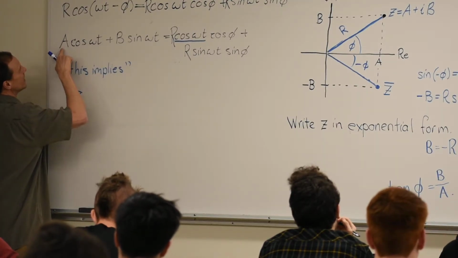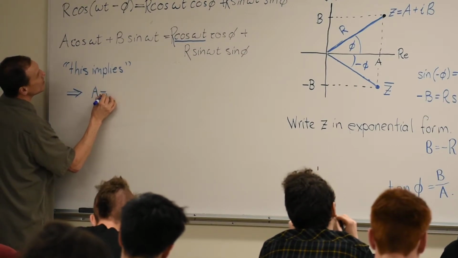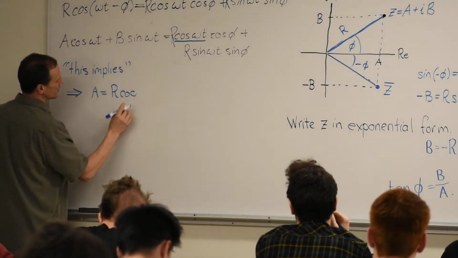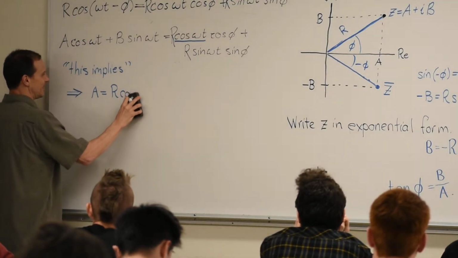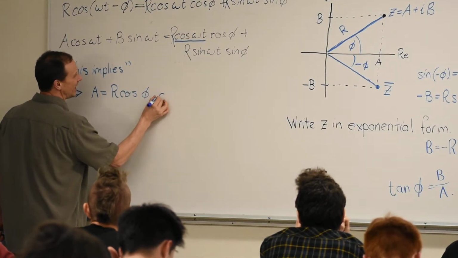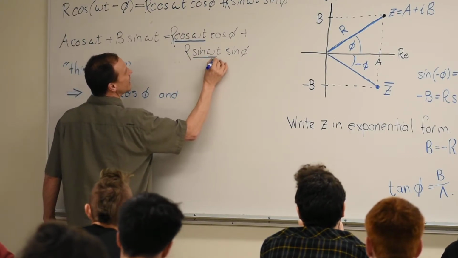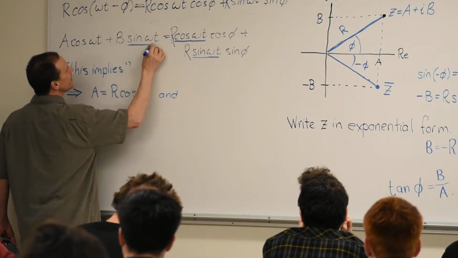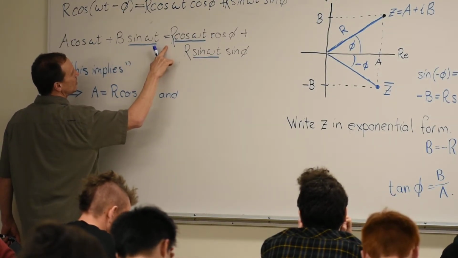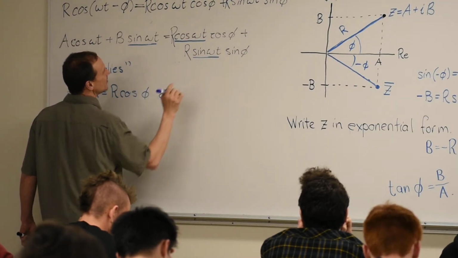I have that A has got to equal R times cosine of phi. And if I match up my other term, here's my sine of omega t, sine of omega t. So in order for this equality to hold, then B has to equal R sine phi.